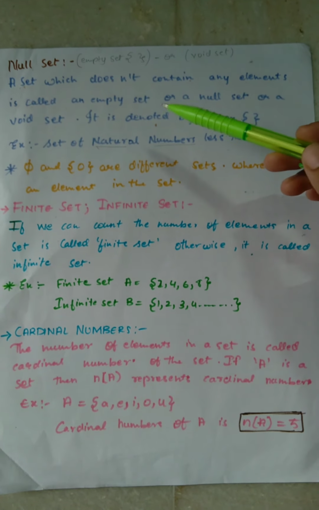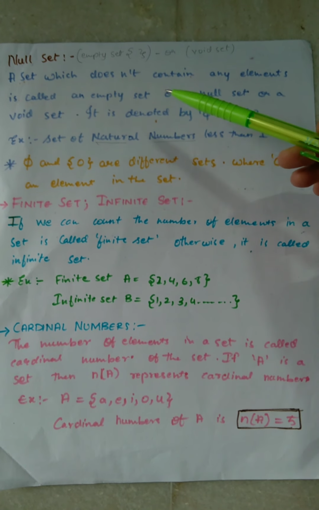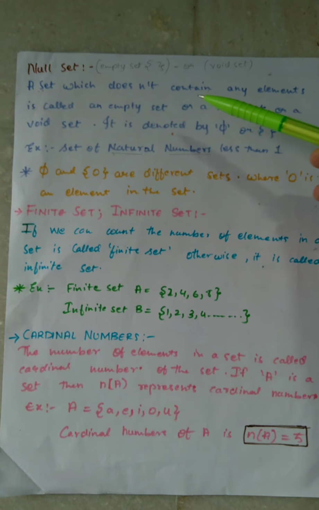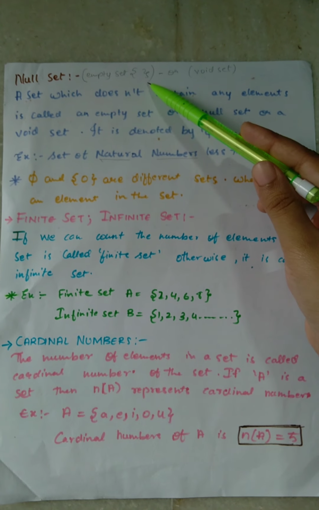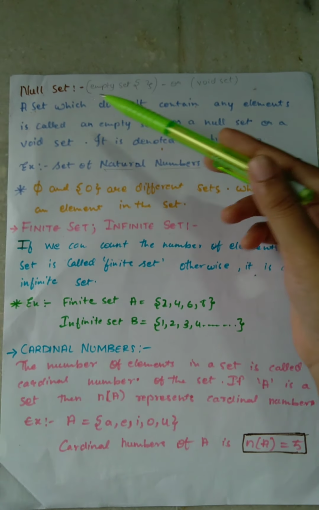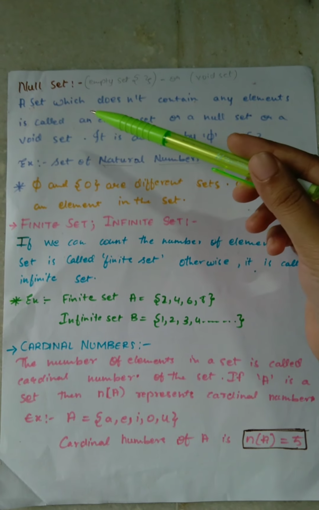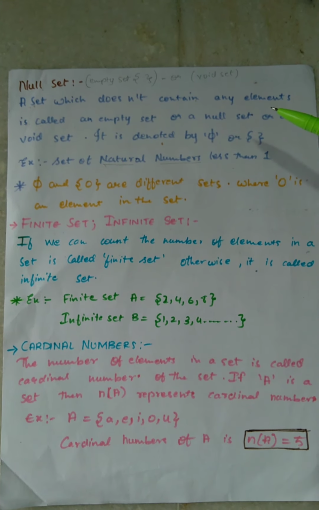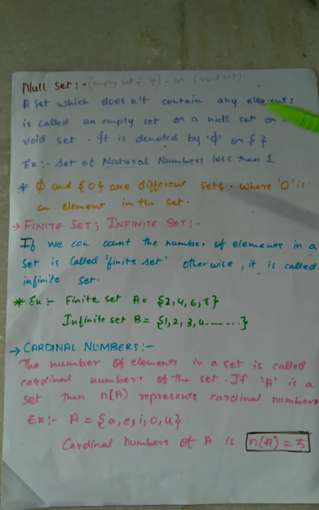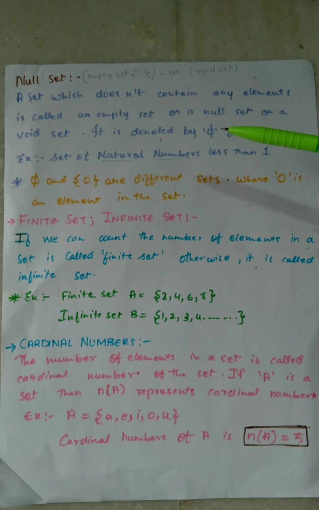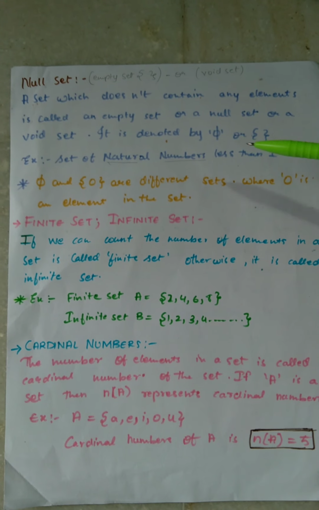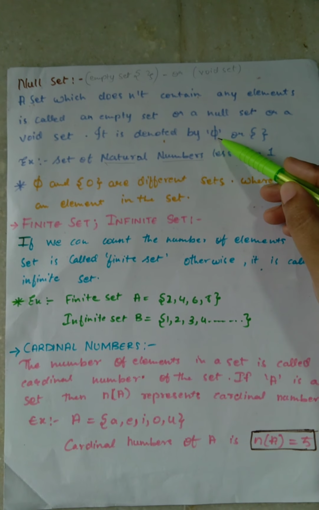Now let's go with the next definition, null set. What is a null set? We also say null set as empty set or void set, but commonly we call it null set. A set which does not contain any element is known as null set or empty set or void set. It is denoted by this symbol.